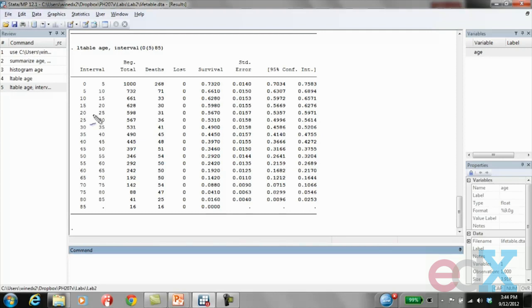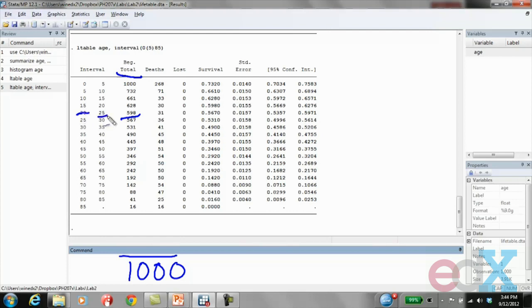So we started off with 1,000 people. We want to know how many people made it to age 80. So we look at this beginning total column, and that tells us how many people began that interval. So for example, 598 people began the interval 20 to 25.